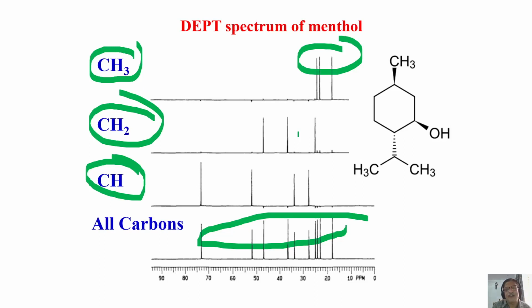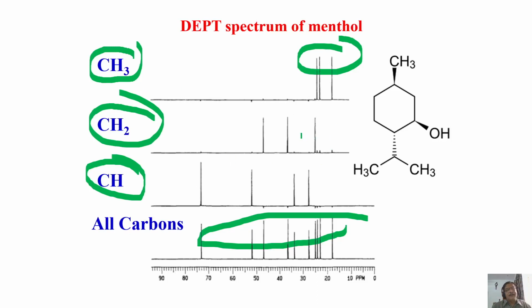Now there is a multiplication factor for this so that you can scale the intensities equally. Then by addition or subtraction of the corresponding spectra, you can do the editing in such a way that from this normal spectrum, you can subtract the CH only spectrum, then you get the other carbons. Then you can add up CH and CH3, scale it, and subtract from this, and you get the CH2 only spectrum.